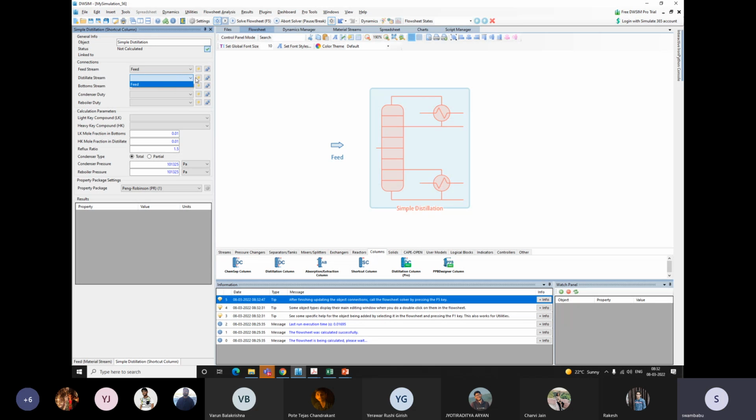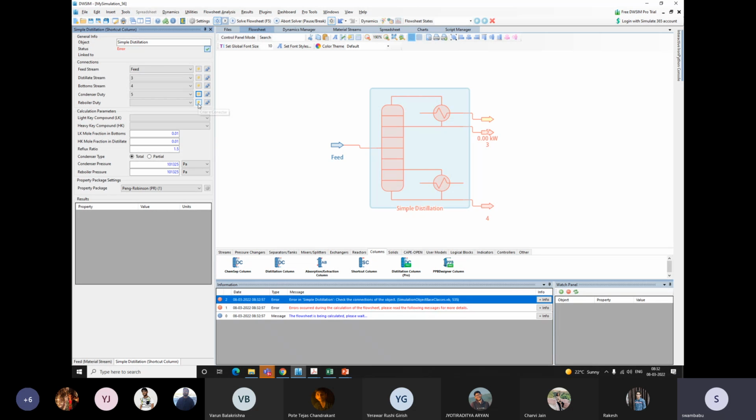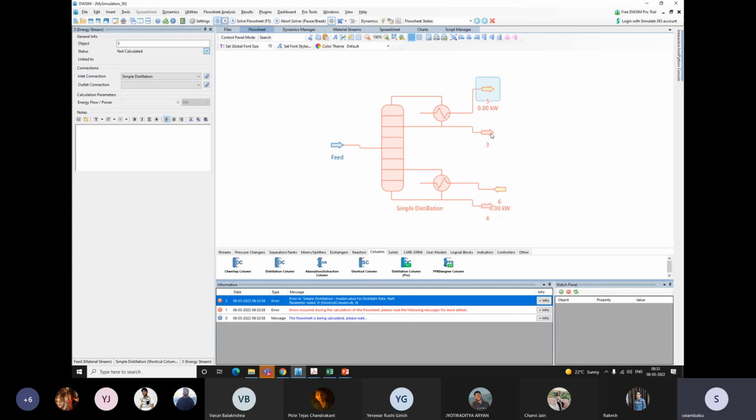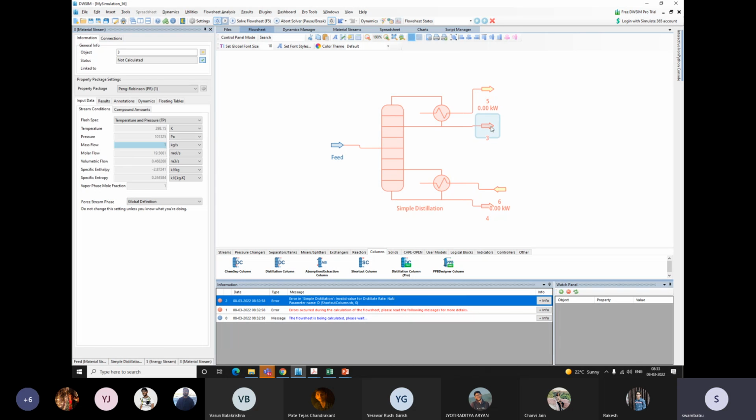We want to create a new stream of distillate, bottom stream, condenser duty, and reboiler duty. So we need to provide these streams for the distillation column. This is distillate, the top product, and this is the bottom product.